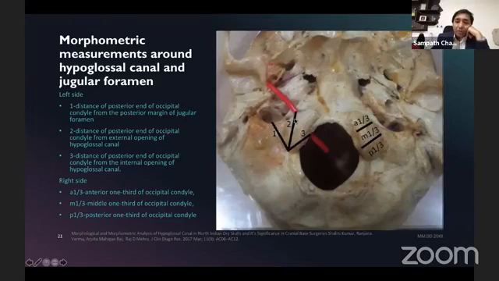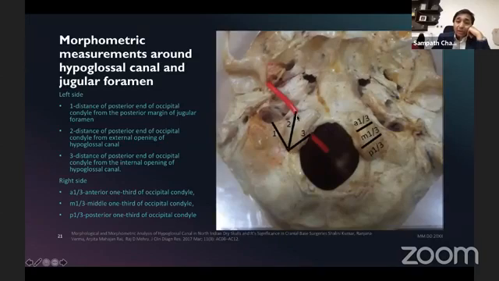So how do you know where you're going? You need to identify the posterior aspect of the jugular bulb, and then know the relation between the posterior aspect of the jugular foramen to the posterior point of the occipital condyle.